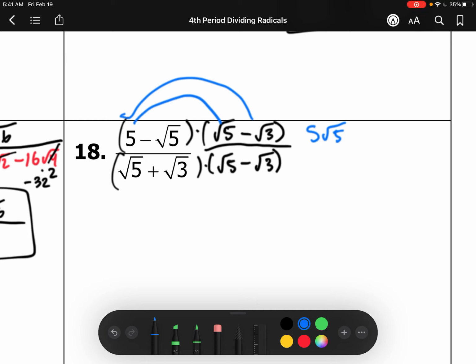So that becomes negative 5 times the square root of 3. Right? So now we're going to distribute negative square root of 5. Negative square root of 5 times positive square root of 5 becomes negative square root of 5 times 5 is 25, right?